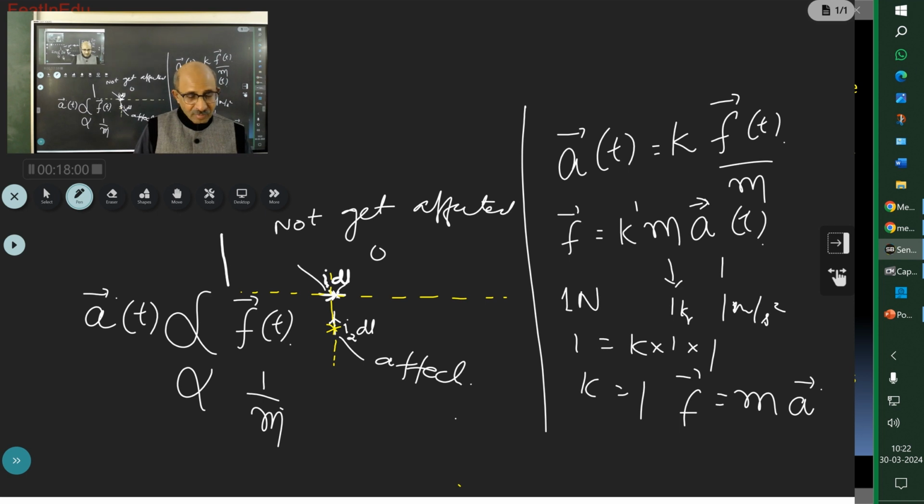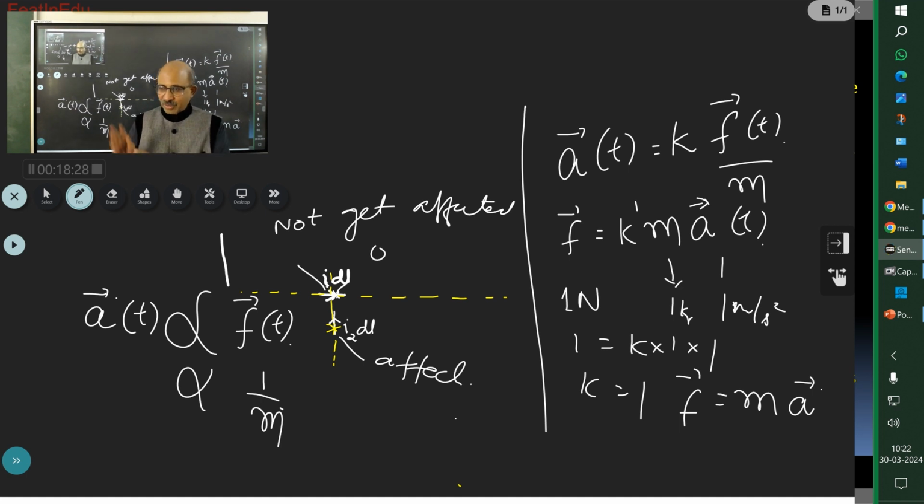Using these two measurements, you are able to measure the force. Newton told how to measure the force because he related the acceleration and the inertial mass to the force by experimentation. So the second law is going to help us measure the force. That is the qualitative definition.